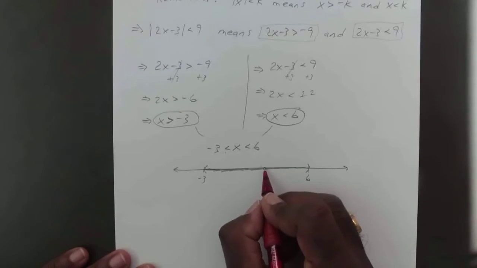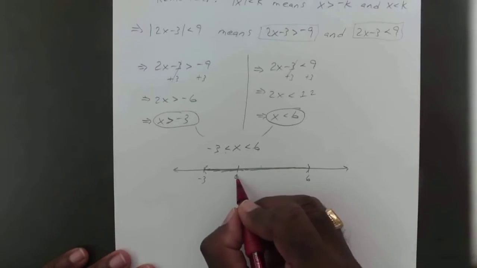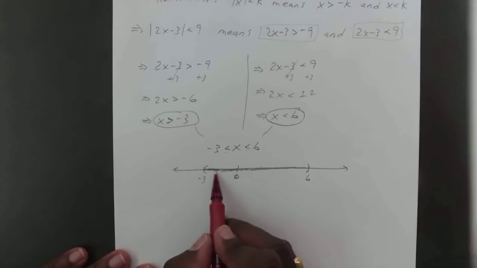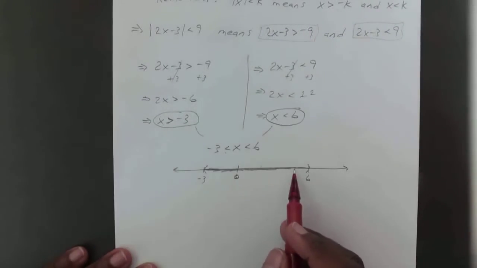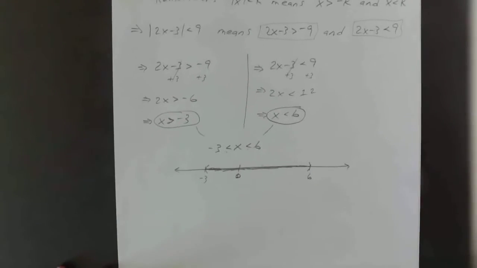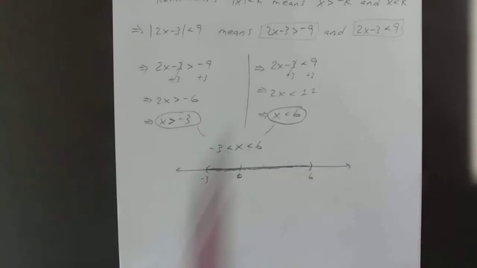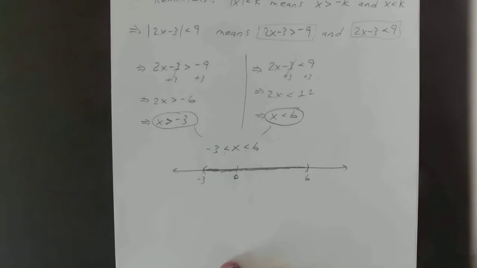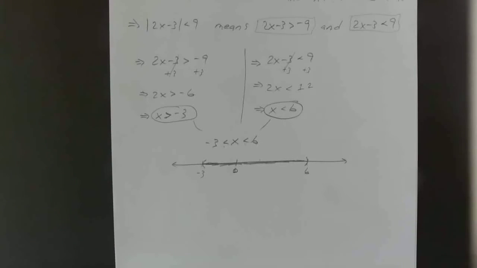I'll just kind of put a 0 here just to hold a space. So every value in here will be true. So if you picked 5, 4, 3, negative 2, any number in there would make that true. All right, any questions on that one?